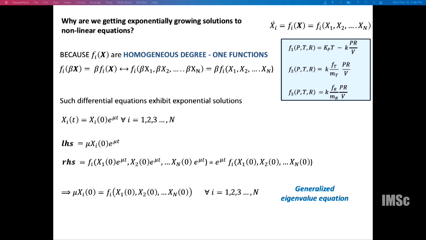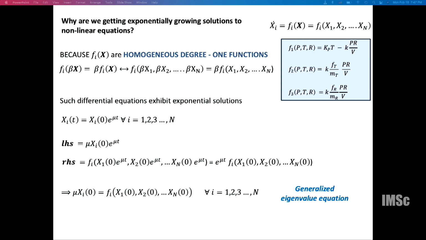So if I have this as my differential equation, where this function f satisfies the homogeneous degree 1 property, and I take this ansatz and substitute it in this equation, then on the left-hand side I will get mu xi times e to the mu t. On the right-hand side, I would have e to the mu t inside each of these arguments, but then using the scaling relation it will come out, and e to the mu t will cancel on both sides.